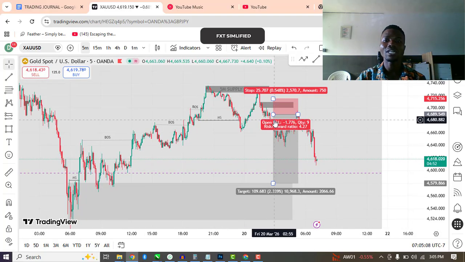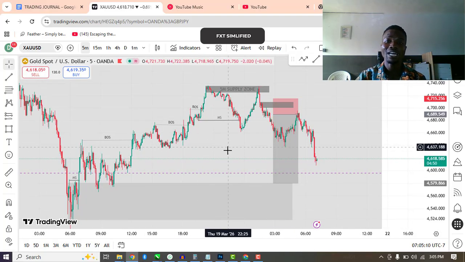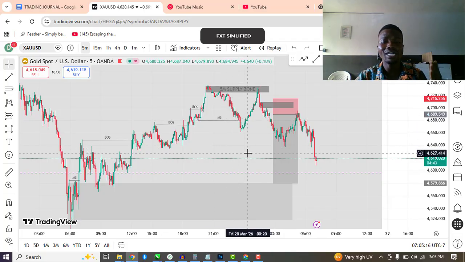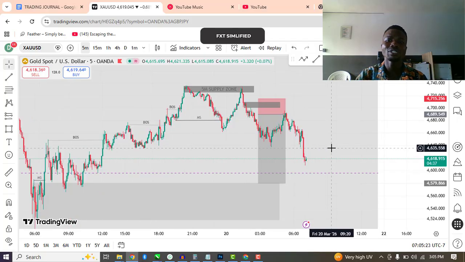The buyers I'm looking for want to buy the market, but because I see a sell opportunity, and there's nothing else we can do in the market, we can either buy or sell.